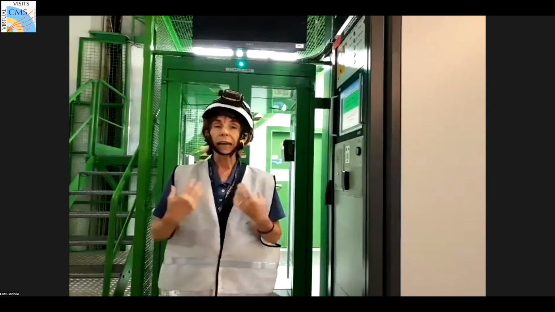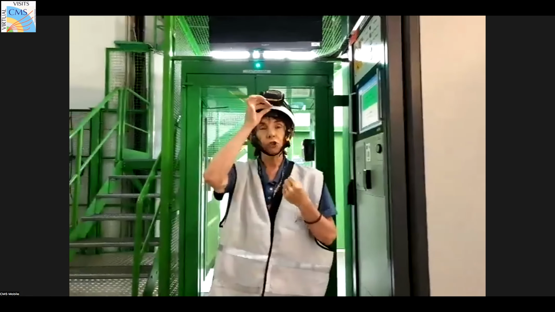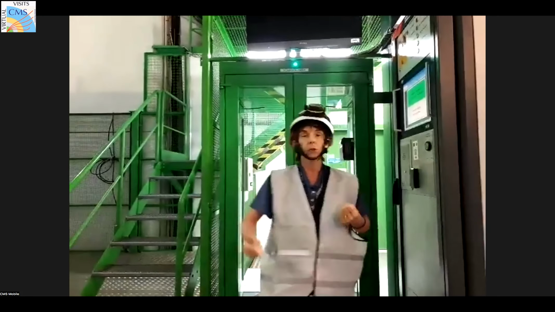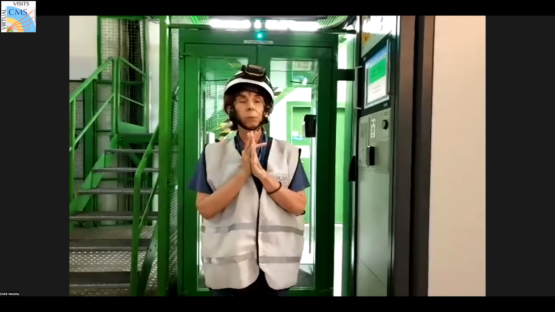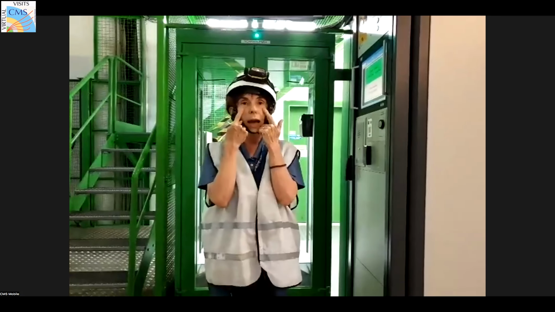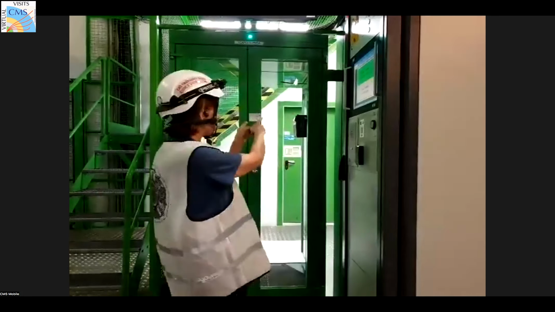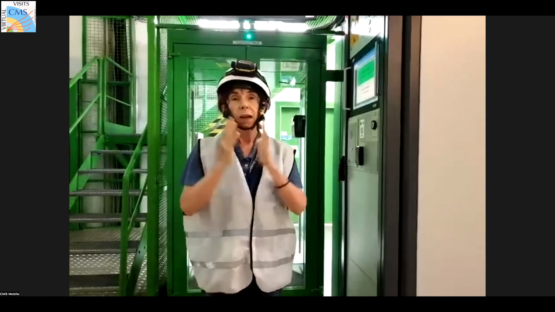And then I cannot enter with any object, for example, a backpack, or not wearing my helmet, for example, keeping my helmet in my hands, because there are infrared beams that are checking that I have nothing, you see. I have just this small bag, but I will cheat the system just saying like that. And then the third one, the most important, is the iris check. So I have to read my iris, the biometrical check, in a system here to be recognized as Sonia.